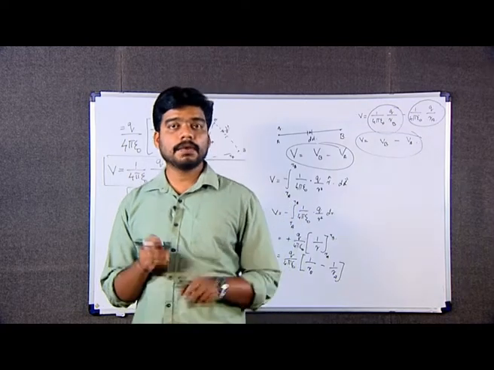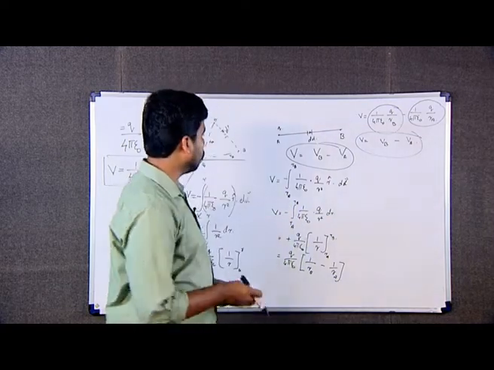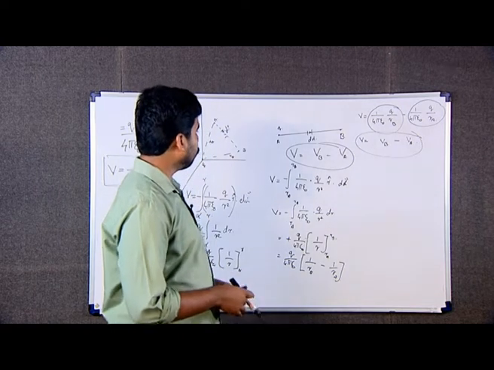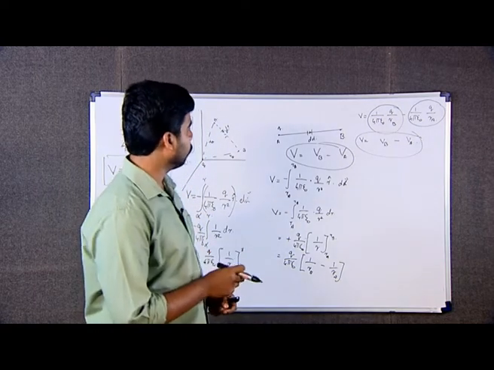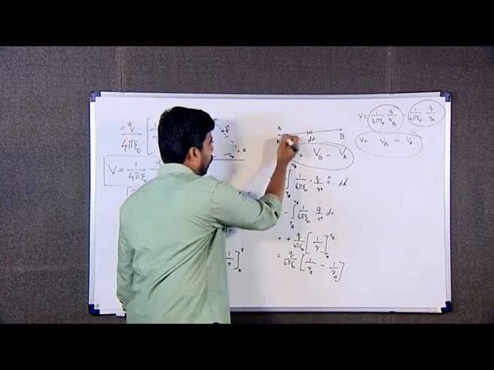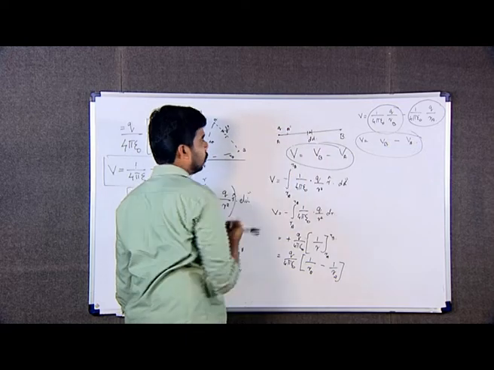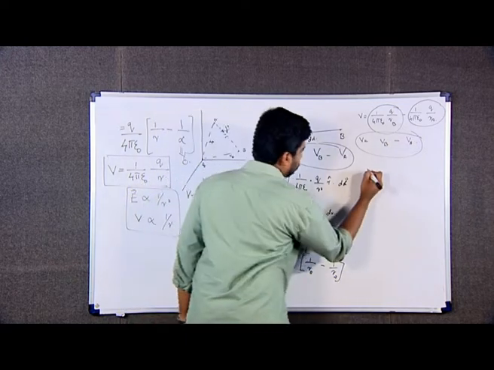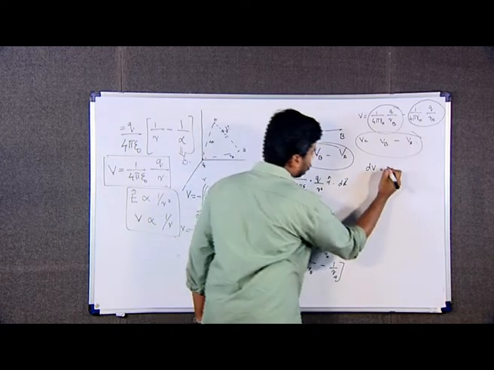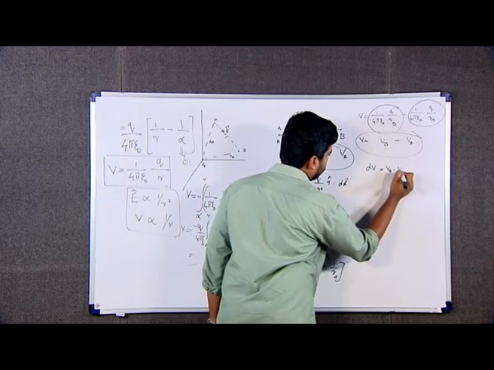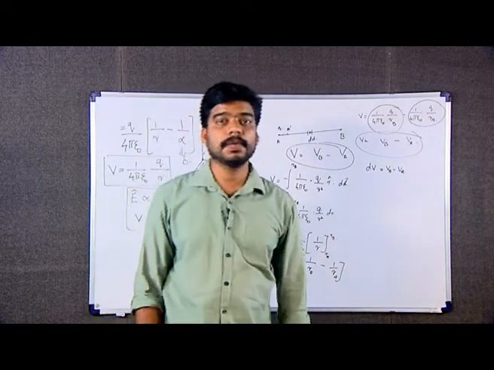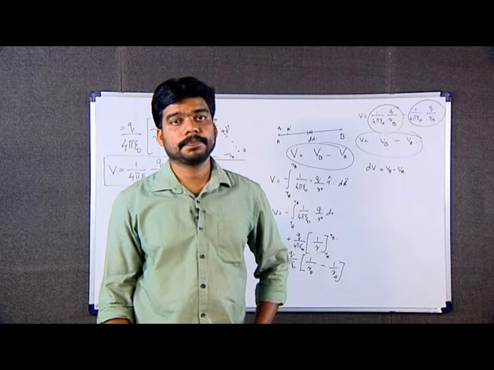For that, we can consider this equation itself. What is the potential difference between these two points A and some other point A dash? I call it dV. The potential difference dV, I can call it VB minus VA.